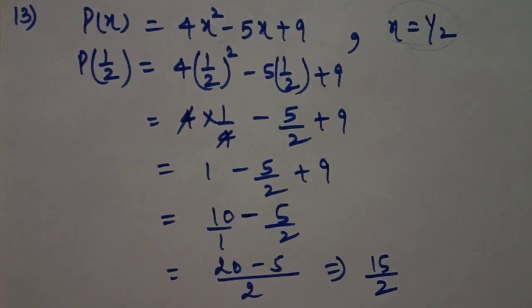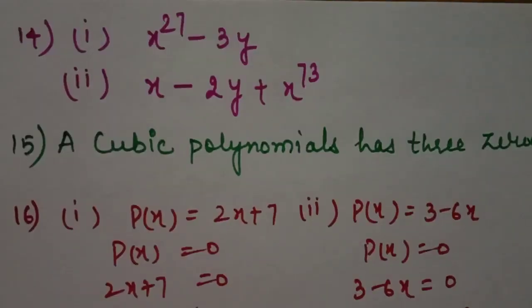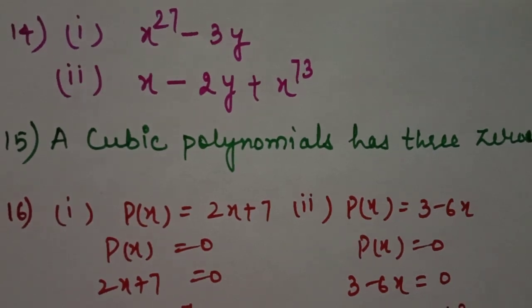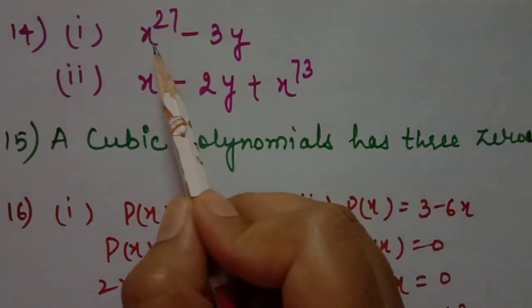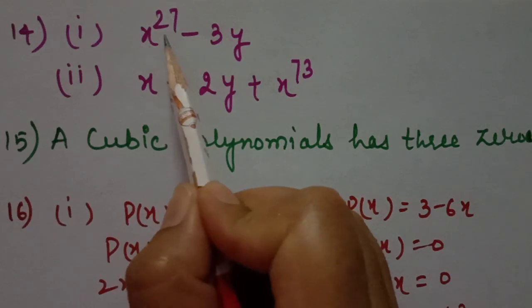Now next, question number 14. Question number 14 was, give one example of each: a binomial of degree 27, a trinomial of degree 73. So students, for an example of a binomial of degree 27, binomial means two terms. So we will take two terms and the degree 27 means the highest power of the variable is 27.